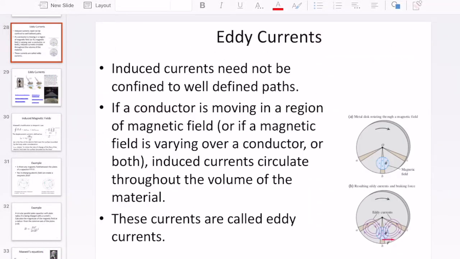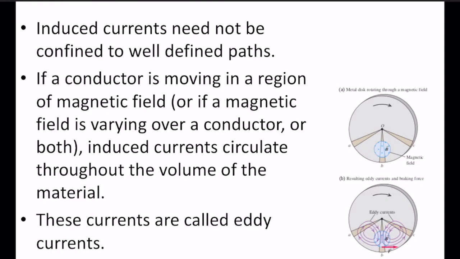If you have a conductor like this metallic wheel that's rotating in a magnetic field, and the magnetic field is confined to this blue circle, so that's the only place where you have a magnetic field. The magnetic field is steady in this case, but the wheel is rotating in the magnetic field. So in that case, you will again get eddy currents.